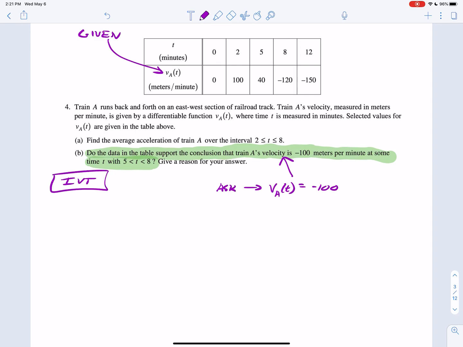Okay? So IVT, you got to make sure that it's continuous. Okay, is it continuous? How do we know that? We know it right here. It's differentiable. Okay, so again, if D, then C. Okay, so we know it's continuous.